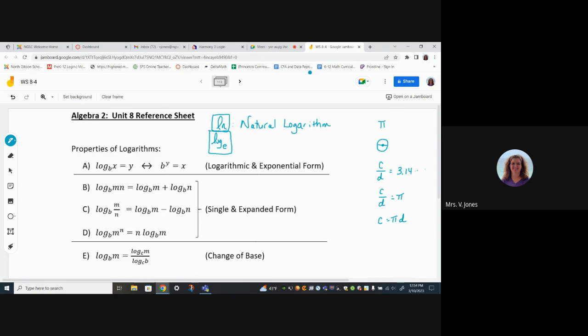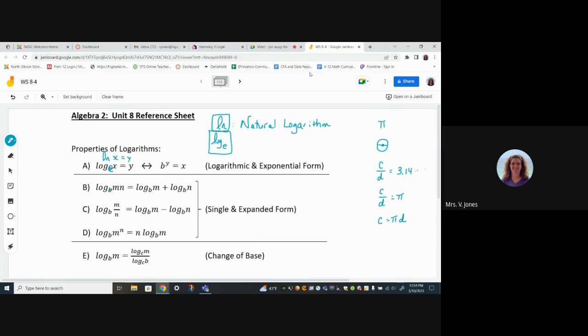Everywhere on this reference sheet where you see log, you could write ln. And we know that ln is base e. So if I put an e where this b is, then that is saying ln of x equals y.